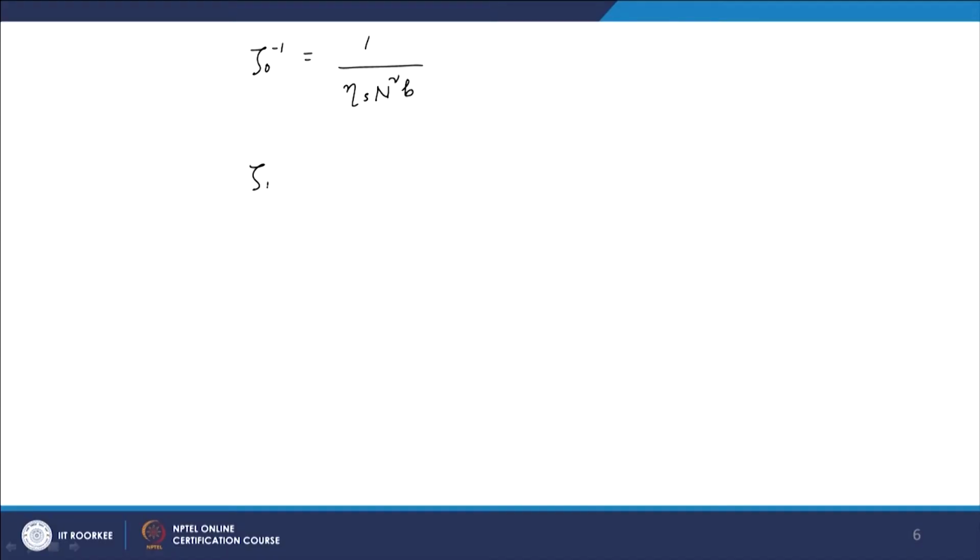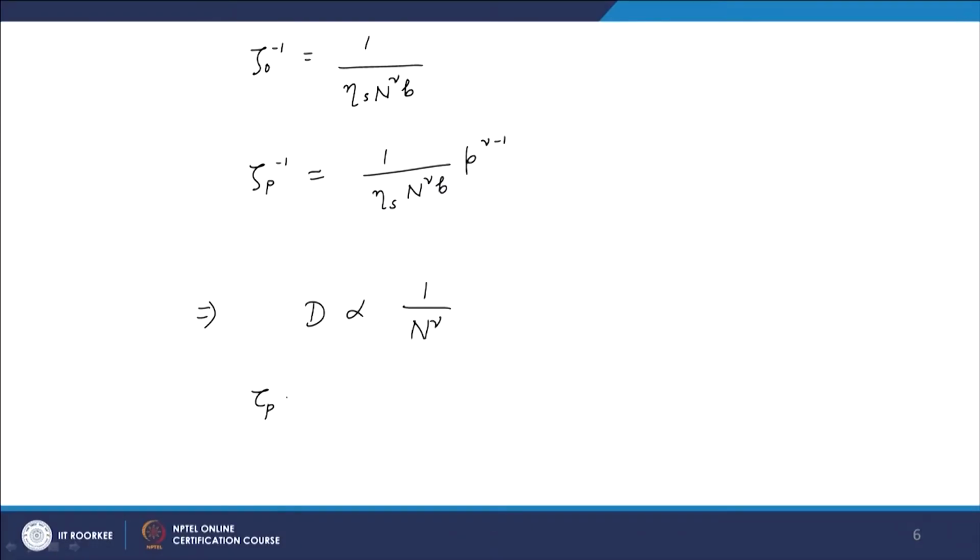Similarly we get zeta_p using this relation, which implies D proportional to 1 by N to the nu, where nu is whatever we have got for the static scaling, and then tau_p is something like that, and tau_1.